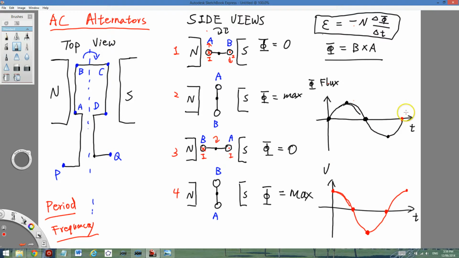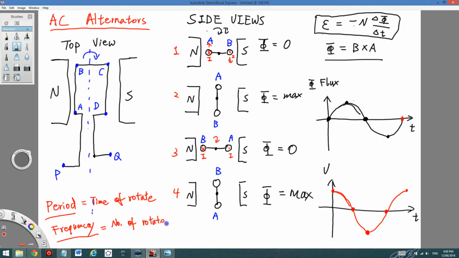So the period is basically the time of rotation. Remember, frequency is how many periods in 1 second. Frequency is basically the number of rotations per second.